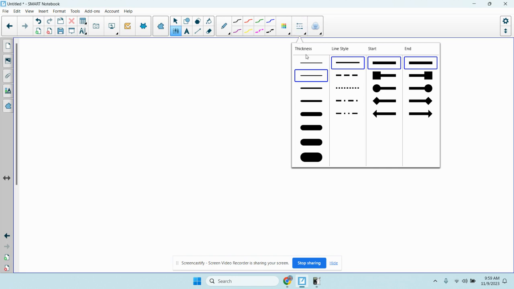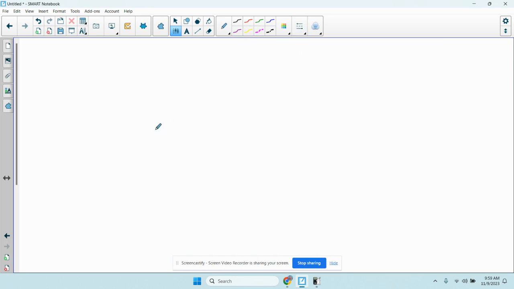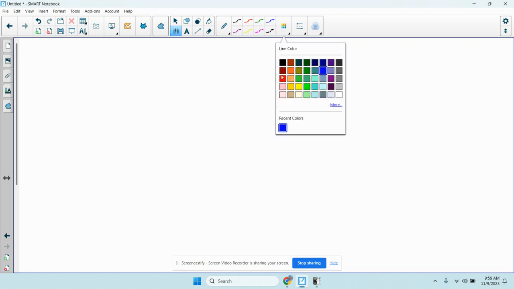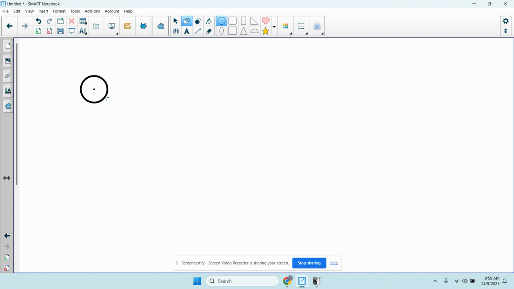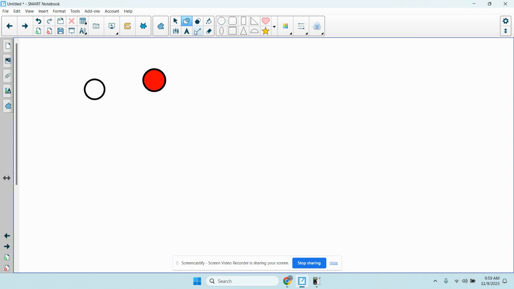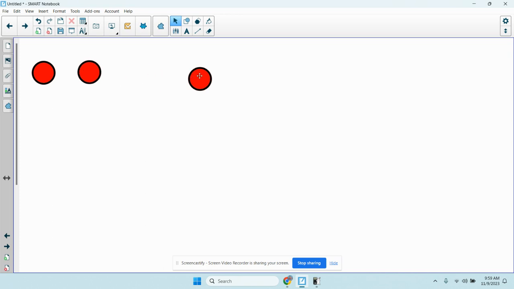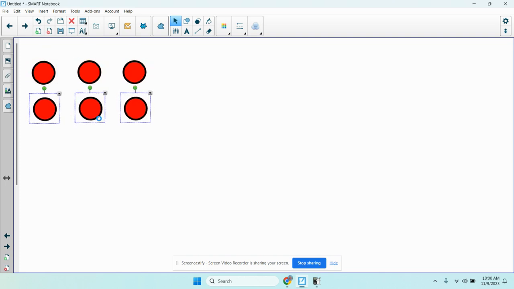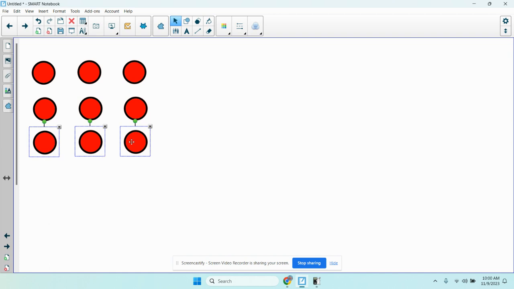Okay. So before we actually do this, I'll look at a different example. So let's say I have a series of marbles. I will draw a circle, and this is going to be red. So I have 9 red marbles.